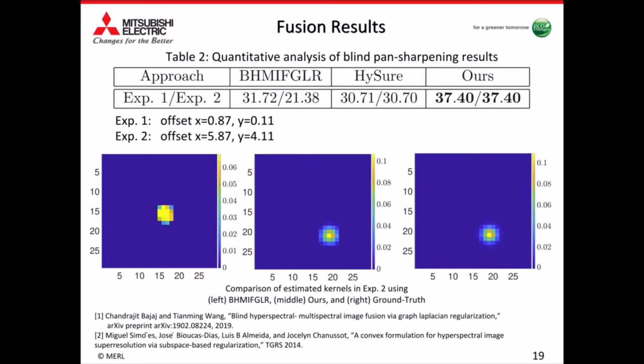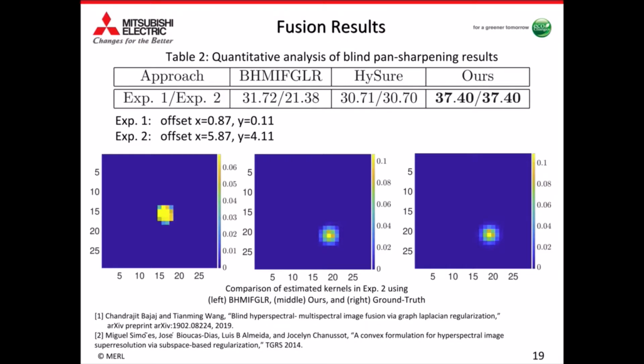Notice that our approach is very robust to large misalignment, which not every related approach is good at. For example, a recent approach published last year called BHMIFGLR is not quite good at this, and was trapped in local minima as shown in the left image.